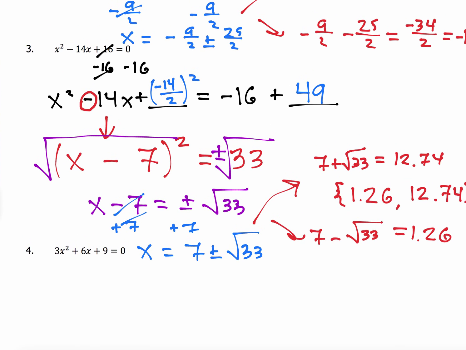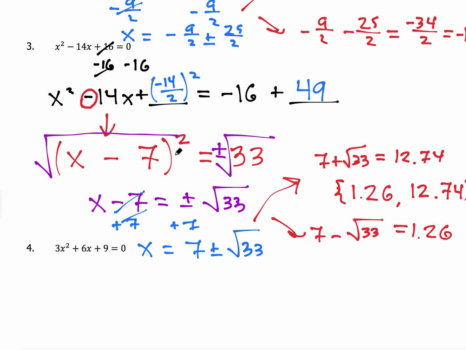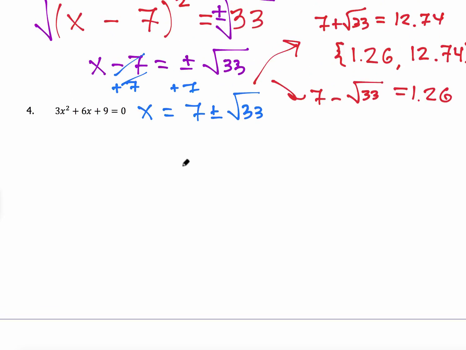Okay, last problem, number 4. I said that completing the square is nice whenever our leading coefficient is 1 or negative 1. Well, for this problem, our leading coefficient you see is 3, but look at your trinomial. It's 3x squared plus 6x plus 9. We can actually factor out a GCF of 3 at the very beginning of this problem.